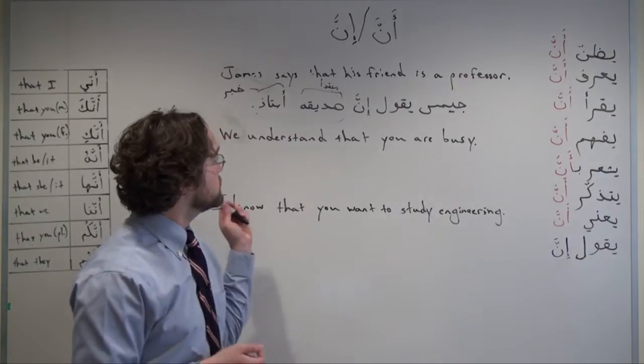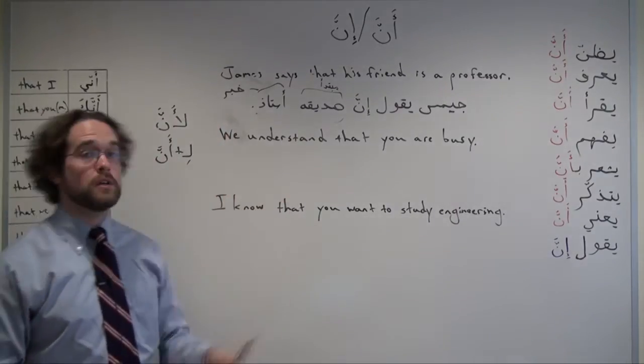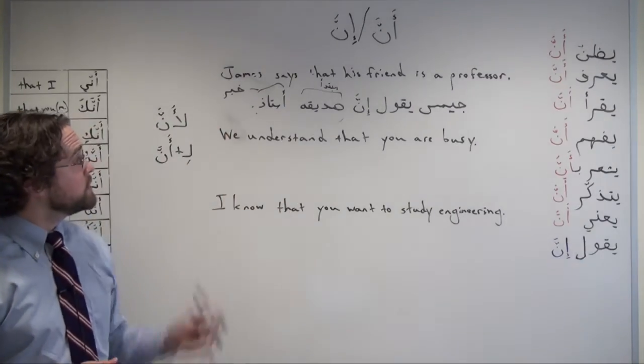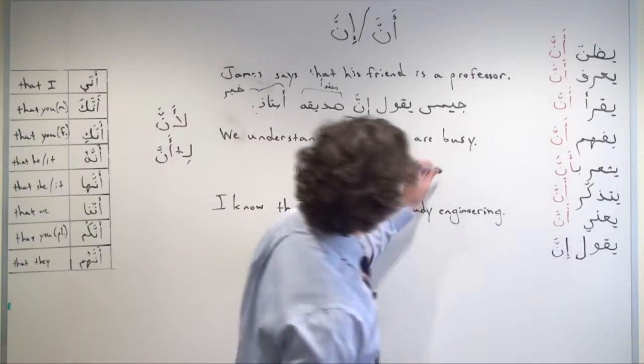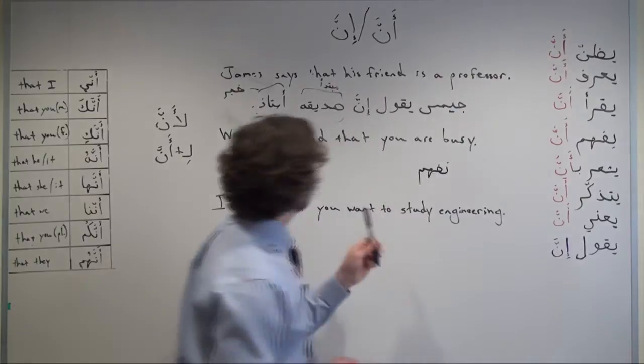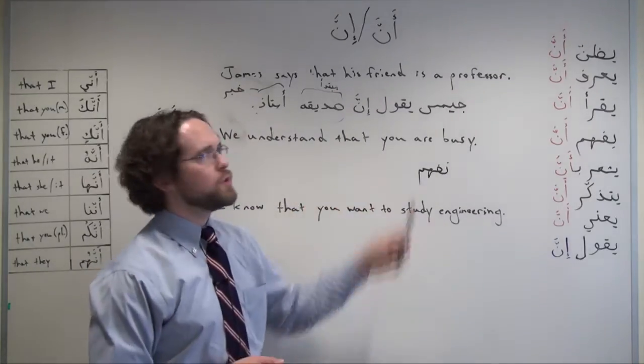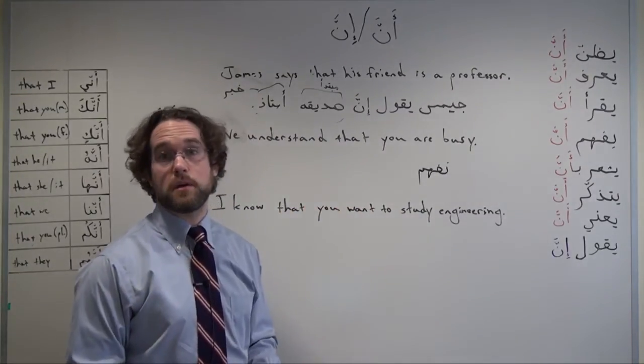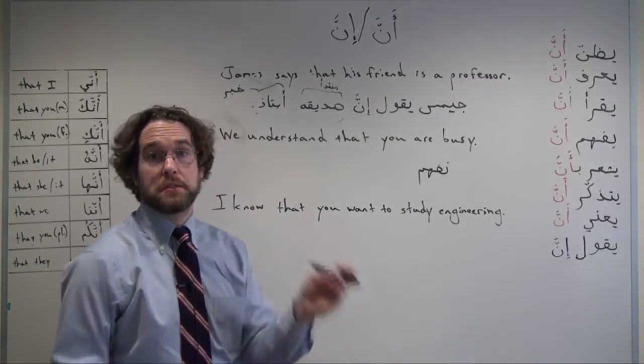So if we take our second sentence, we understand that you are busy. We'd start with that verb, nafham, that you. Let's assume that it's a singular masculine you that we're talking about.